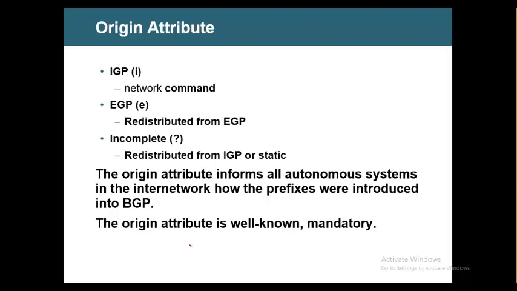So 3 levels of preference. First preference is for the BGP router giving me, because I am also BGP. Second preference is if BGP routers are not giving, I'll receive from an EGP router. EGP was one old protocol. If EGP and BGP both give me, I prefer BGP and I ignore EGP.